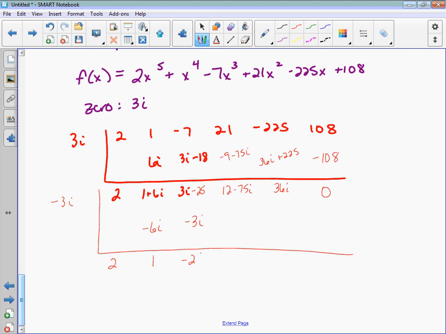Negative 25. Multiply, what do I get? 75i, right? So again, those are going to cancel out, and I just have 12. Isn't it weird? So then this is negative 36i, which is 0.